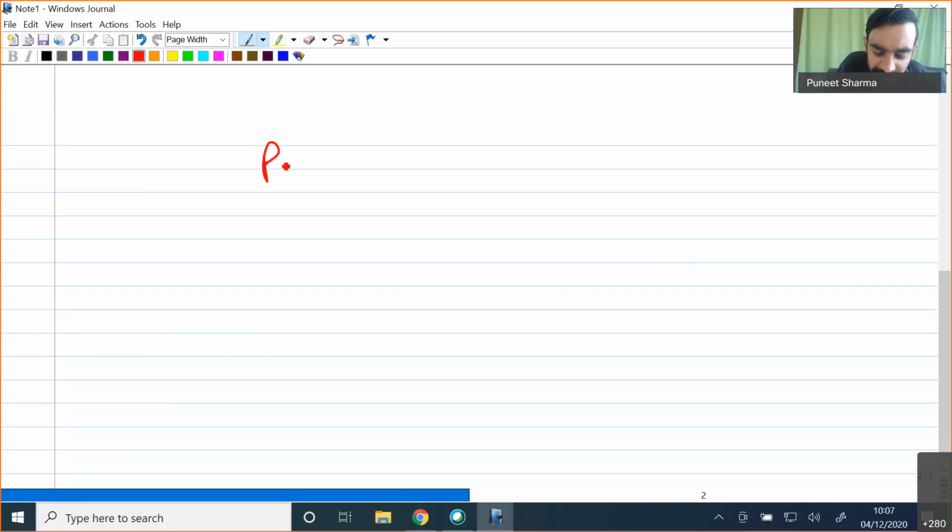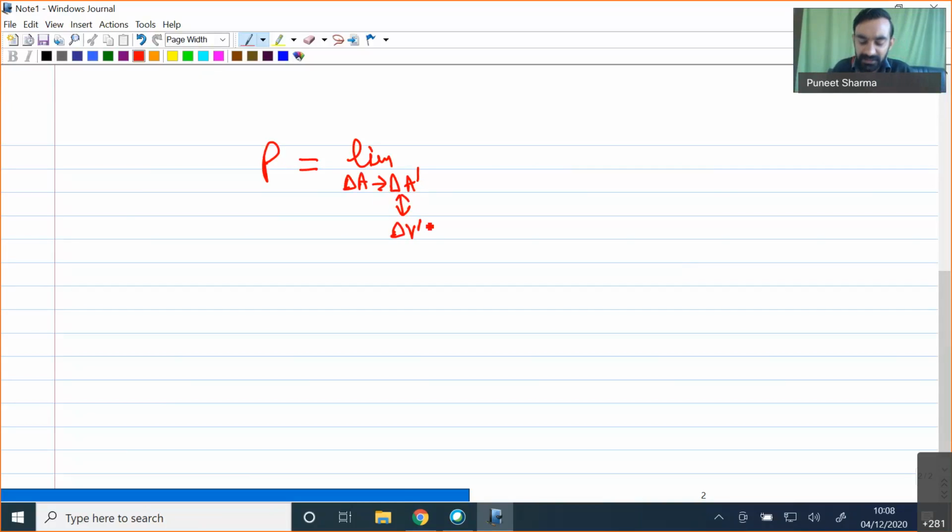Now if we have to define it in mathematical form, I can write the mathematical definition of pressure as P equal to limit delta A approaches to delta A dash. Like in specific volume, we were having delta V approaches to delta V dash, similarly, over here, we will be having delta A approaches to delta A dash. Here, this delta A dash is similar to delta V dash.